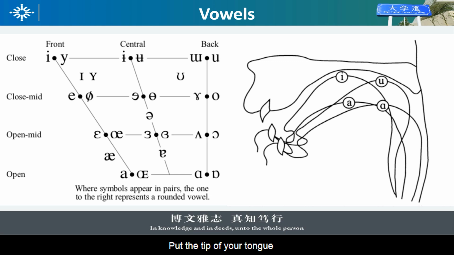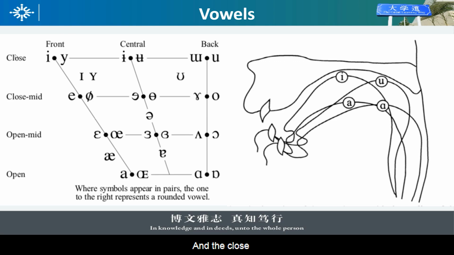Put the tip of your tongue to touch your lower teeth, and then open and close your mouth to change the level of the vowels. For central, you put your tongue in a medium position, not very front and not very back. And for back vowels, you put the back of your tongue.